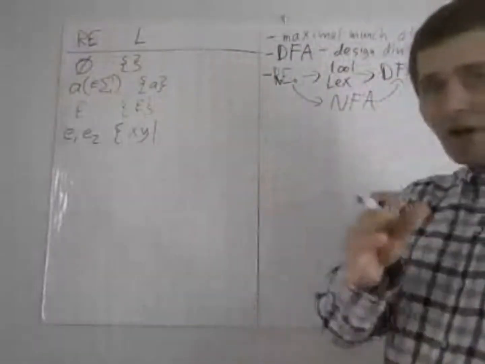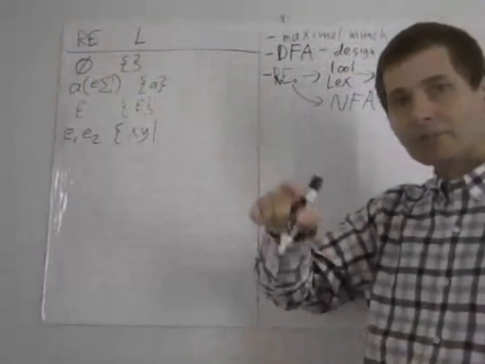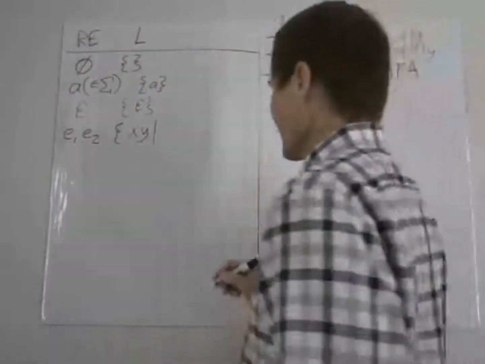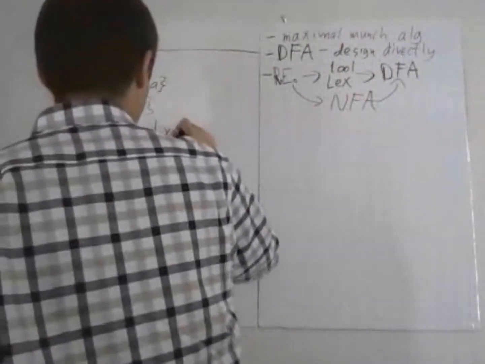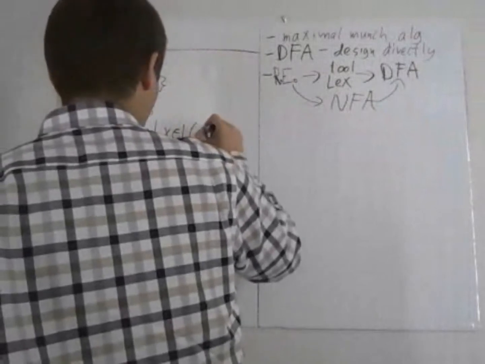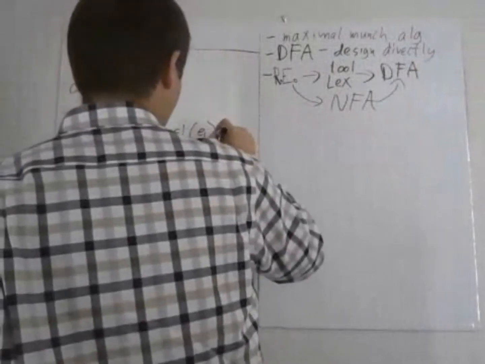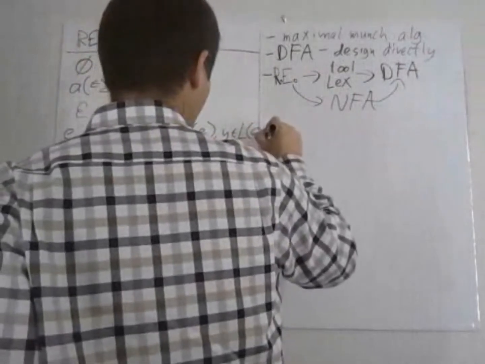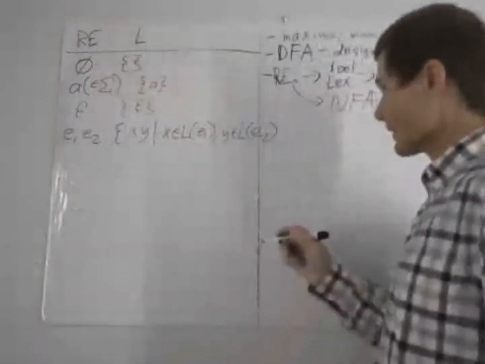So all words, all sequences that can be split up into subsequences x and y, such that x is in the language of E1 and y is in the language of E2. Okay?